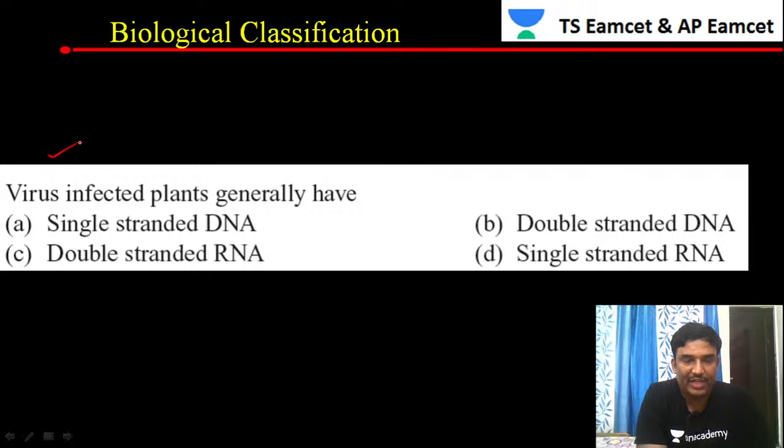Viruses which infect plants are generally what type of virus? They are generally single strand RNA. Viruses which infect plants are called plant viruses. Viruses which infect animals are called animal viruses. The virus which infects or attacks bacteria is called a bacteriophage.